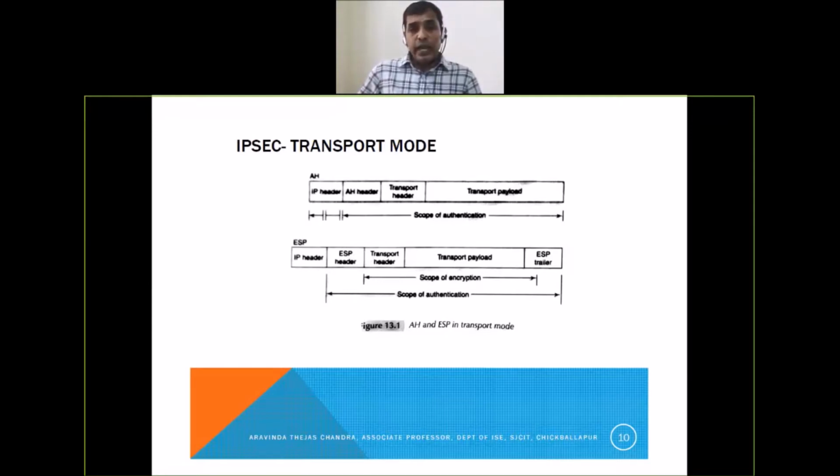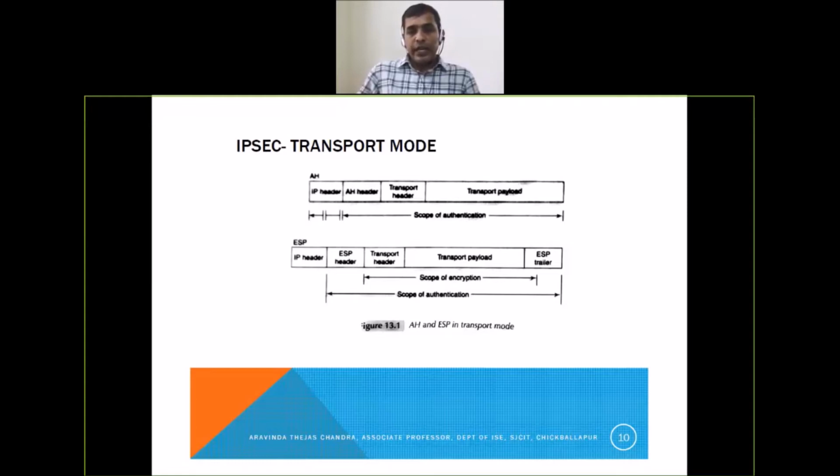Because the IP header contains the source and destination IP address, and we have calculated the HMAC in the AH header using them. If someone modifies the source and destination IP address, then if we recompute the HMAC it will differ. There will be no match with the HMAC, so the receiver can tell that this is not the original sender.